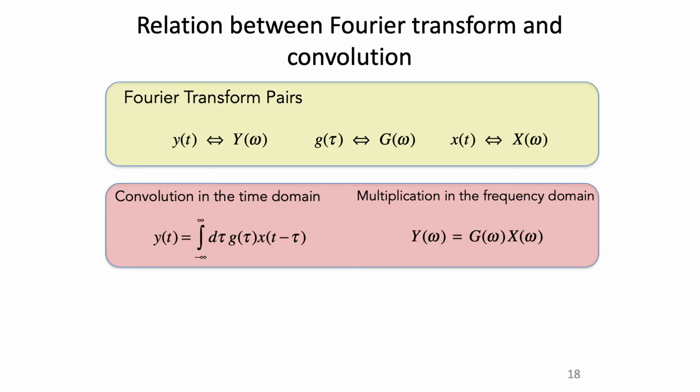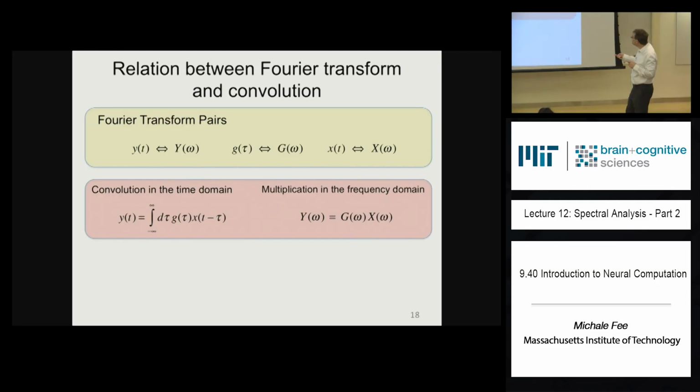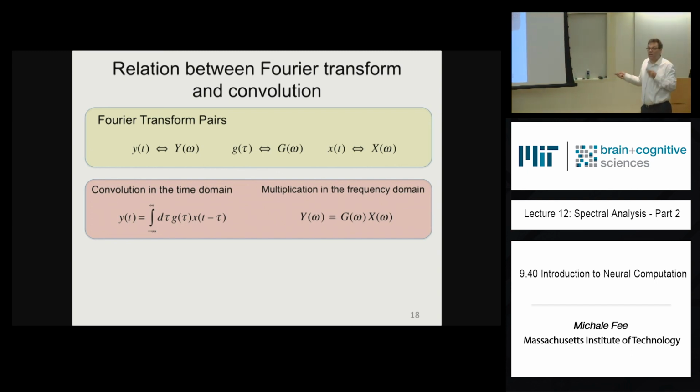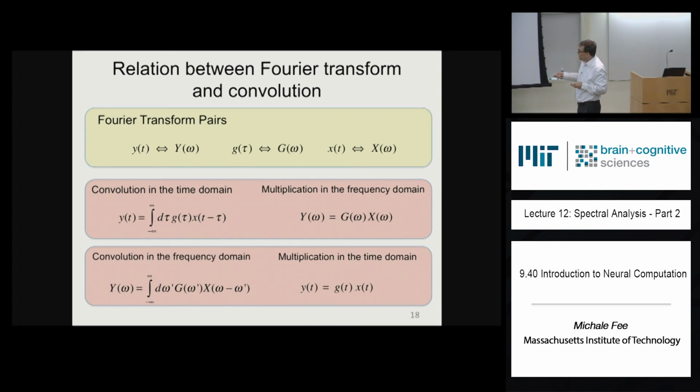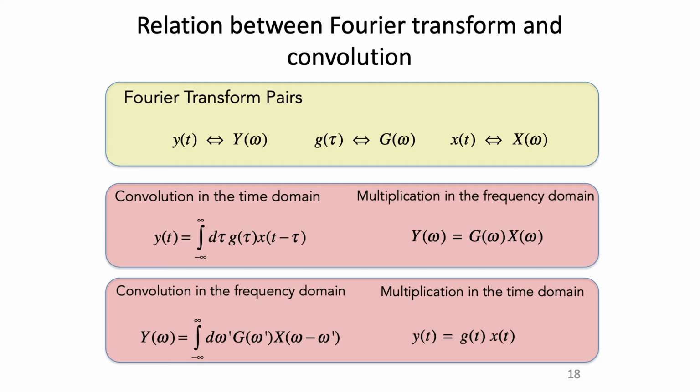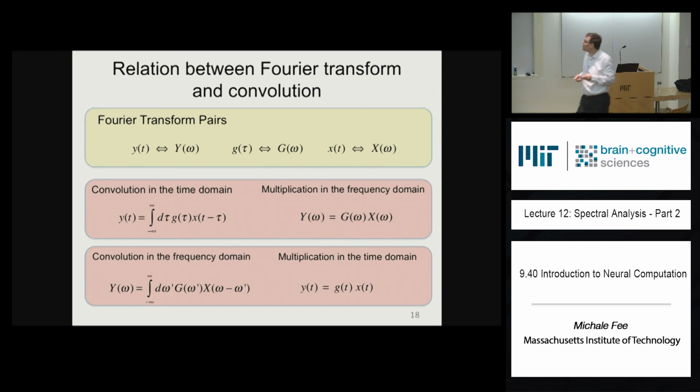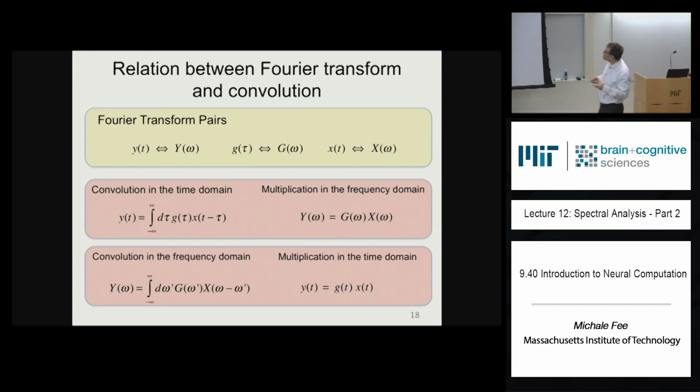First, let me just point out one thing, that there's a convolution theorem that relates convolution in the time domain to multiplication in the frequency domain. You can do exactly the same derivation and show that convolution of two functions in the frequency domain is the same as multiplication in the time domain. Okay? All right, so that's the convolution theorem.